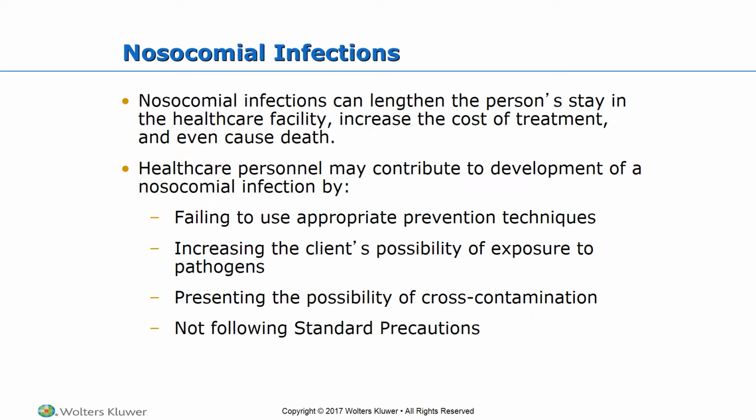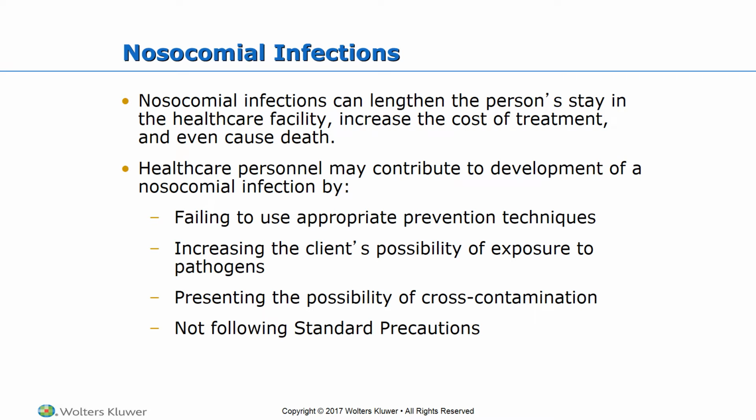We, as healthcare personnel, are major vectors here. Okay? We can cause the transmission of a nosocomial infection by not using appropriate prevention techniques. We increase the patient's possibility of exposure to pathogens.